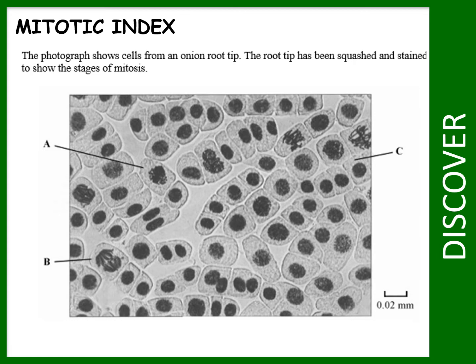Now with the mitotic index, we can actually work out how long it takes, in minutes or seconds, for mitosis to complete. The way we do that is we count the number of whole cells in the image that are in any stage of mitosis. So it could be prophase, metaphase, anaphase or telophase.